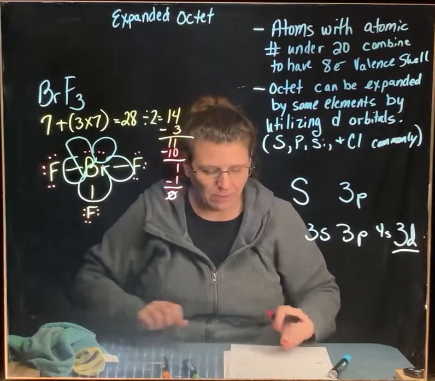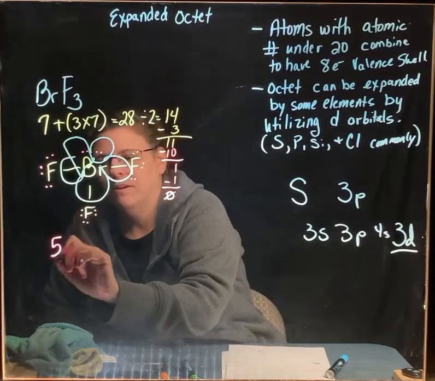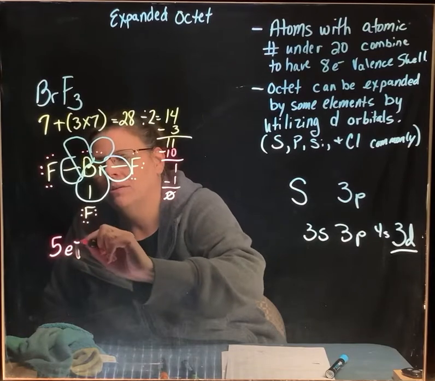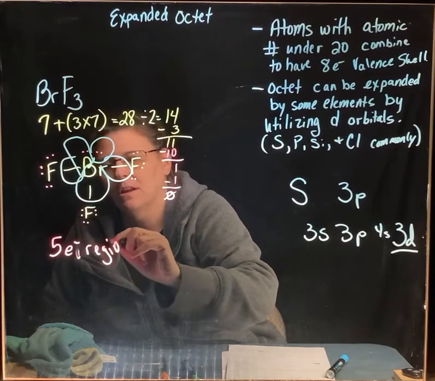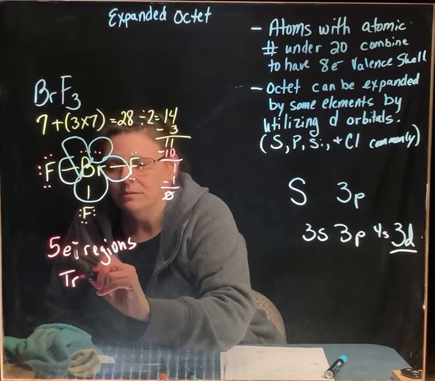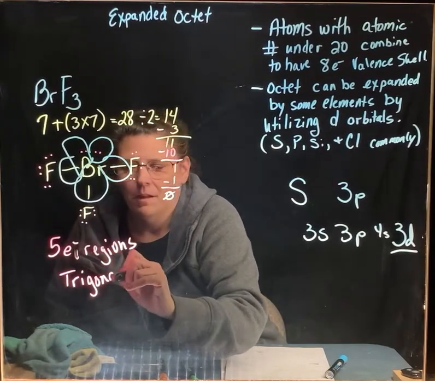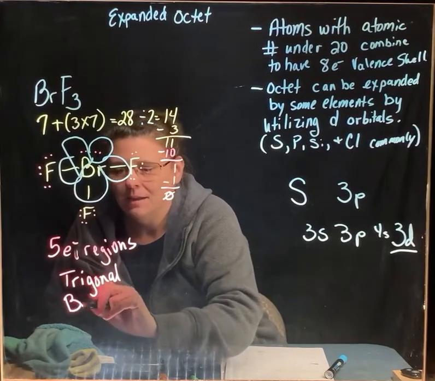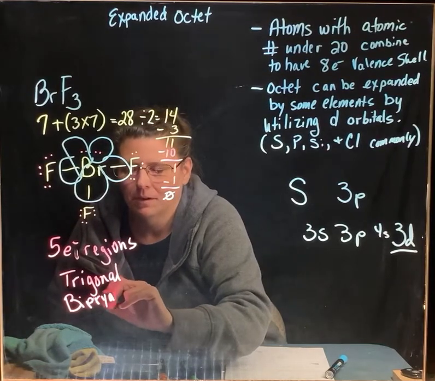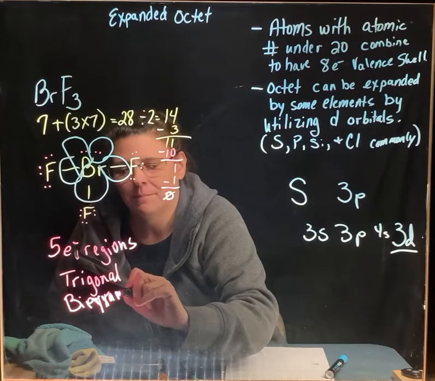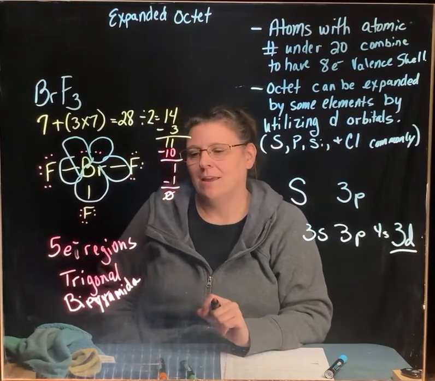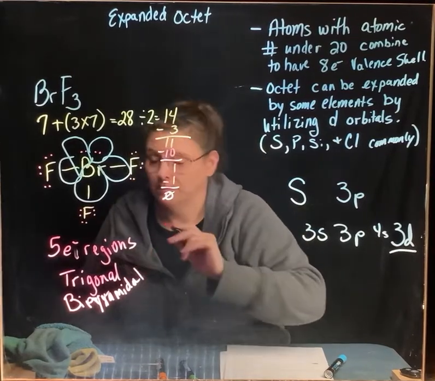When you have 5 electron regions, then you have something that we call trigonal bipyramidal. Can't spell today. P-Y-R-A-M-I-D-A-L. Okay, I'll get the words right.